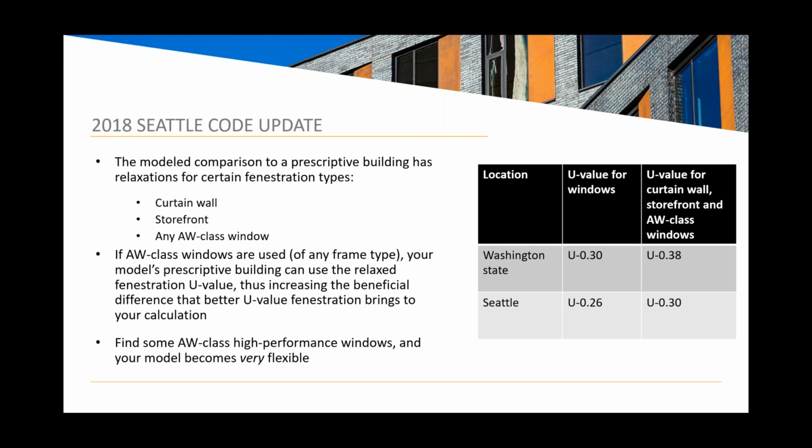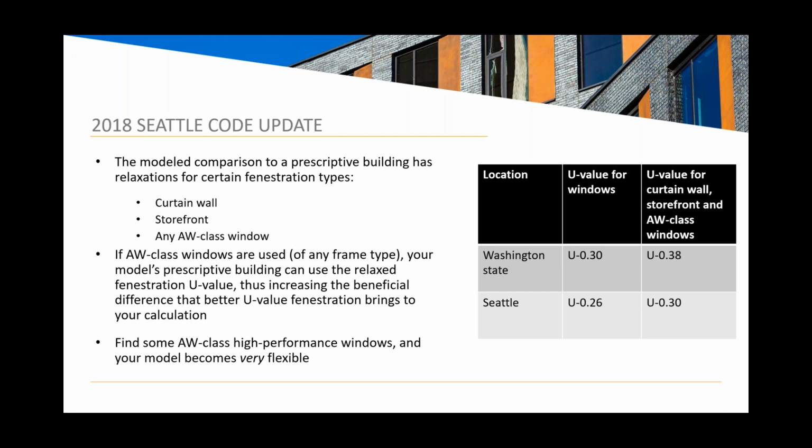So if an AW class window is used of any frame type, fiberglass, plastic, metal, whatever, your model's prescriptive building, the hypothetical building compliant with the prescriptive path, can use the relaxed fenestration U value that comes with this option.